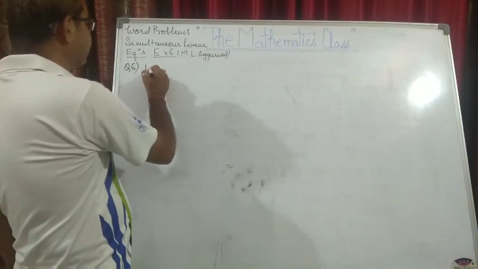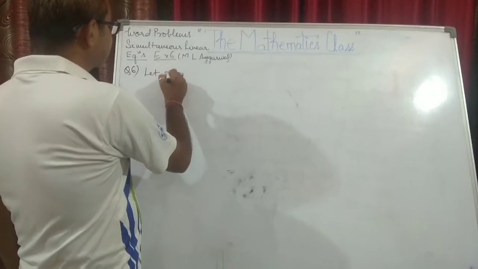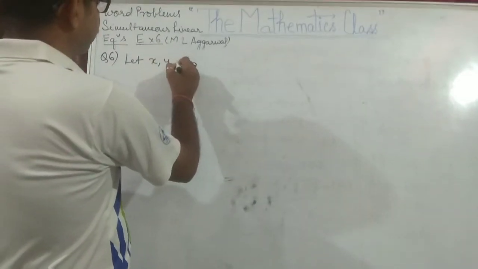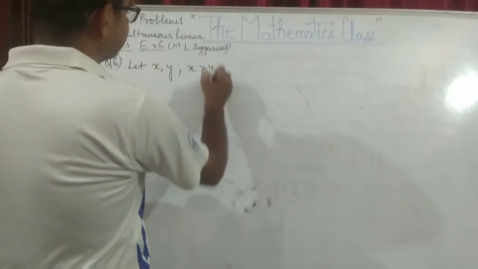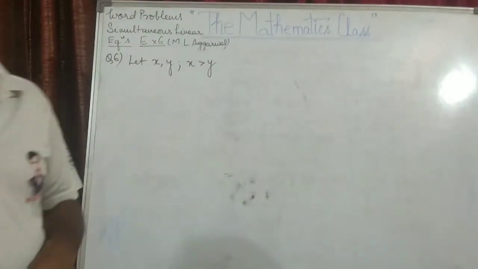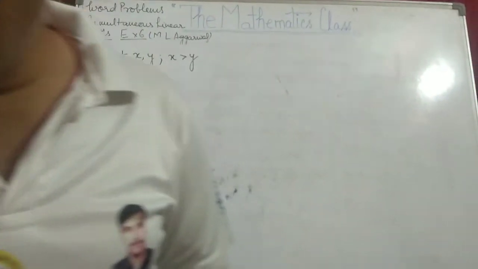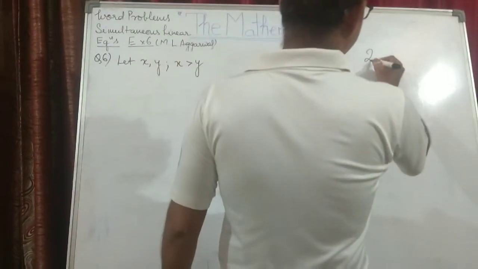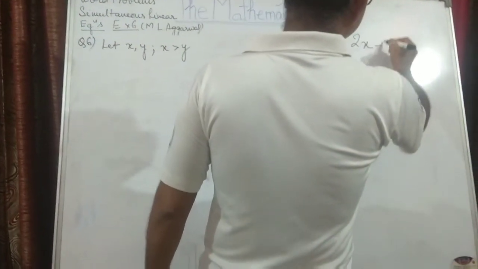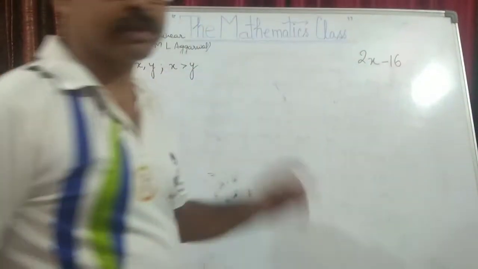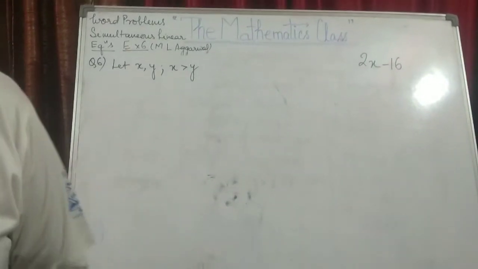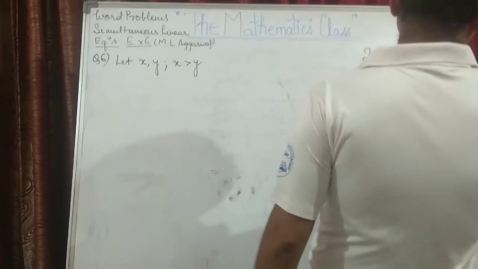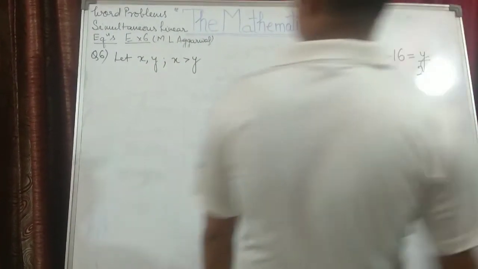First point, always let the two numbers be x and y where x is greater than y. Now what do they say? They say that from twice the greater of two numbers, 16 is subtracted and the result is half the other number.